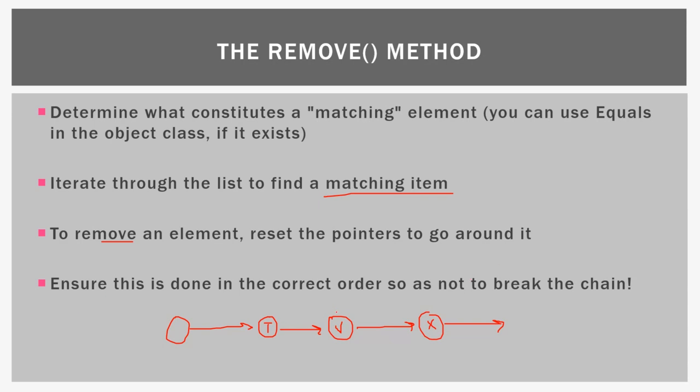So if I have found V and I'm pointing at current being V, in order to reassign it, I need to backtrack my way back to T in order to change T's pointer to point to X. And at the beginning of today's class, I removed the way to backtrack, right? So what I need to do is make sure that I don't move ahead too far.